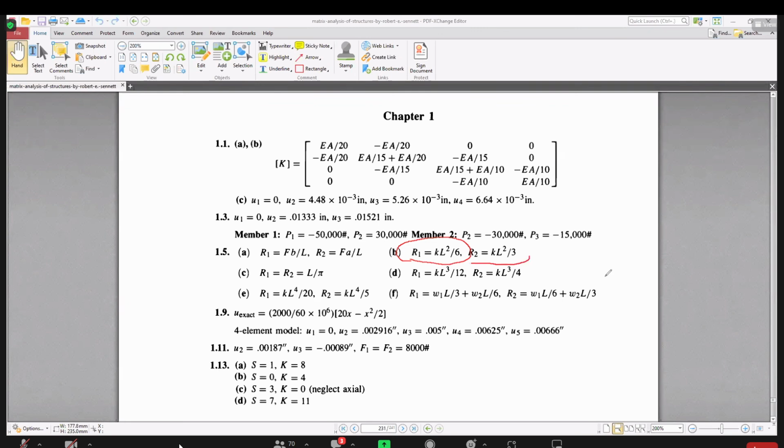Oh, so that is correct. This is just calculus. So the approach is the same when solving the other types of non-nodal forces.